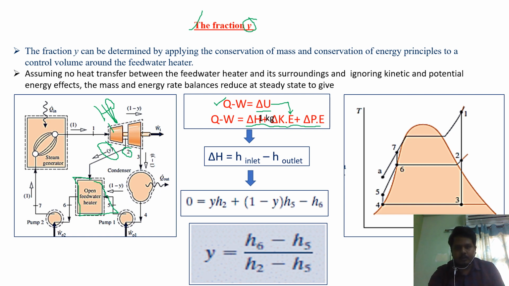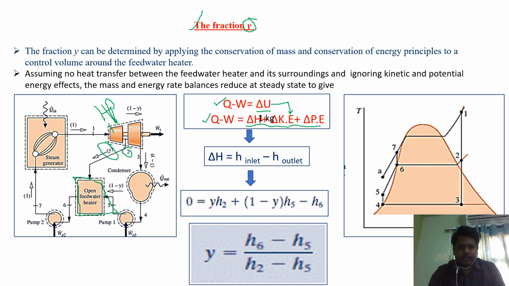So it can be written as Q minus W equals delta H plus delta KE, that is change in kinetic energy, plus delta PE, that is change in potential energy.